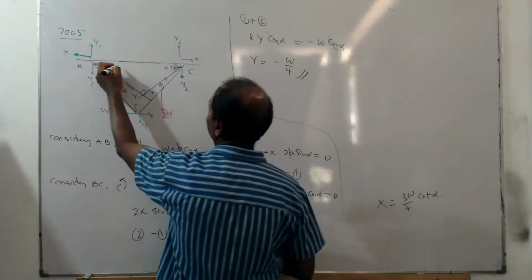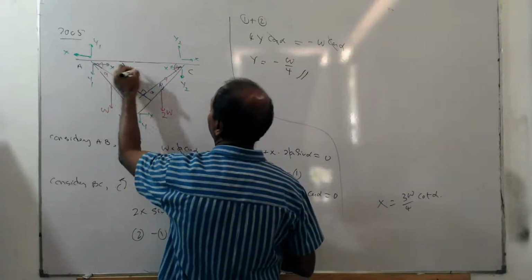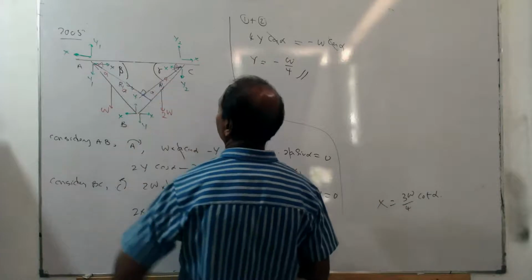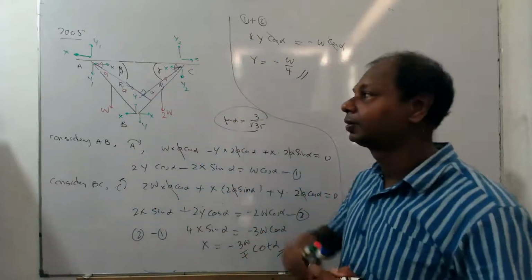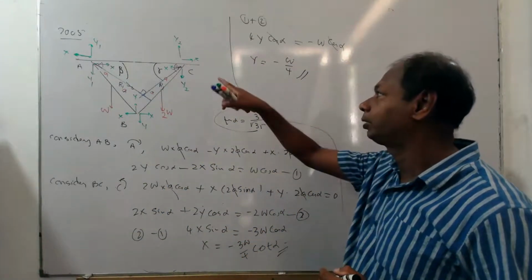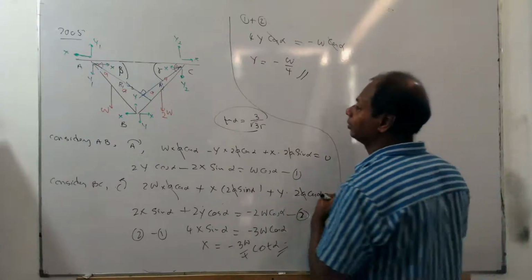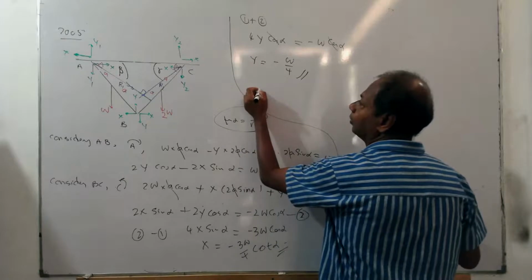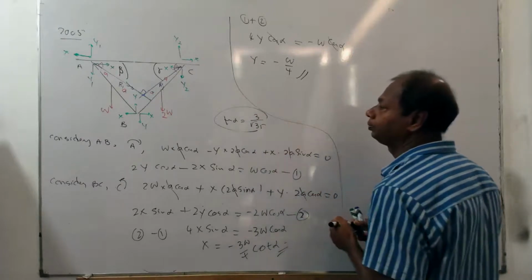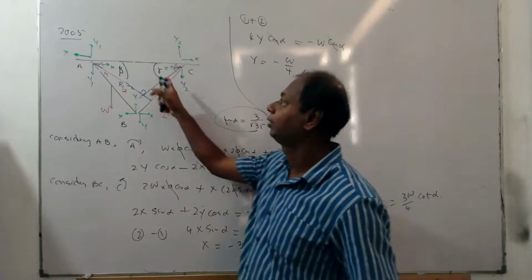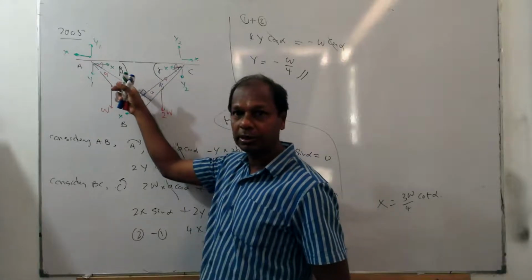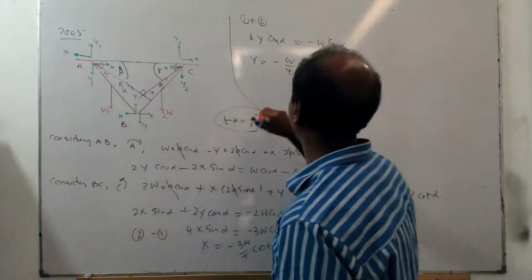So we mark beta and gamma. We know that beta plus gamma is 90 degrees, or beta equals 90 minus gamma. We found tan beta already.